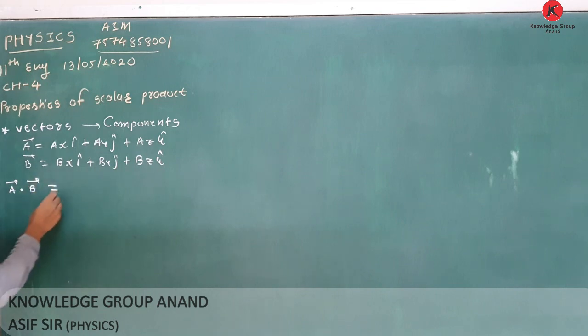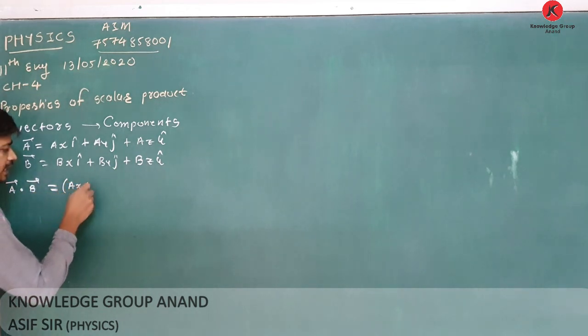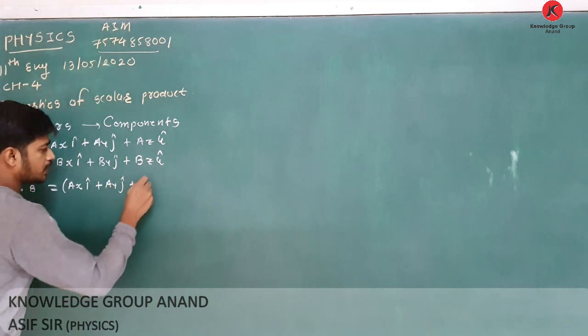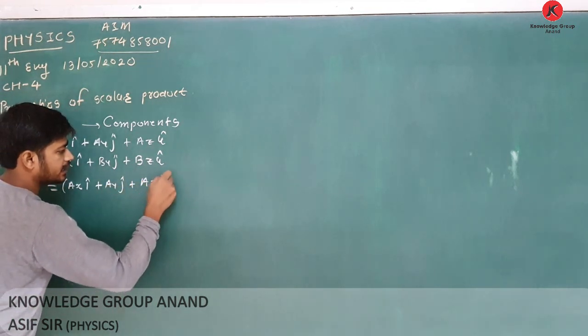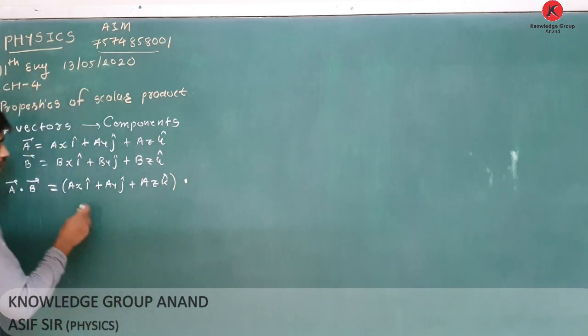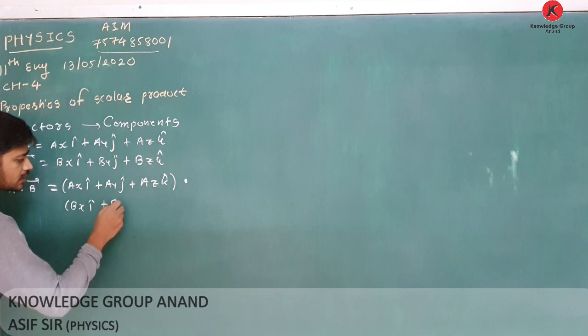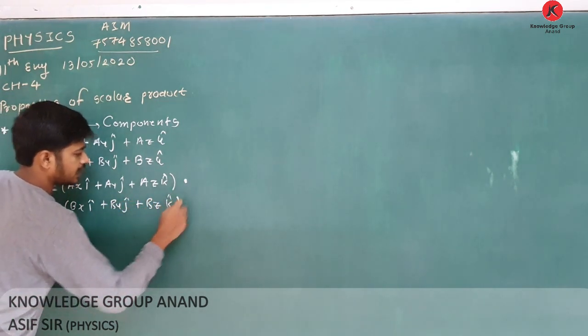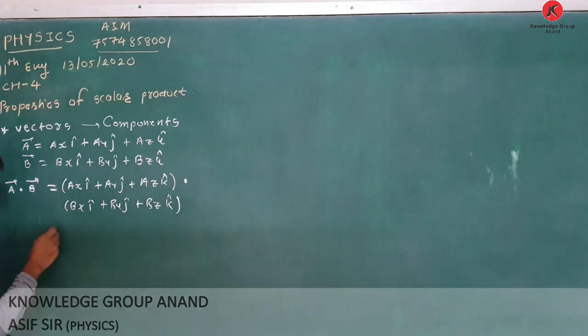See how to write. A, the first vector, is Ax i plus Ay j plus Az k, dot the other vector Bx i plus By j plus Bz k. Clear about this? Now how to simplify? Whenever you multiply two brackets, you know how to open them.